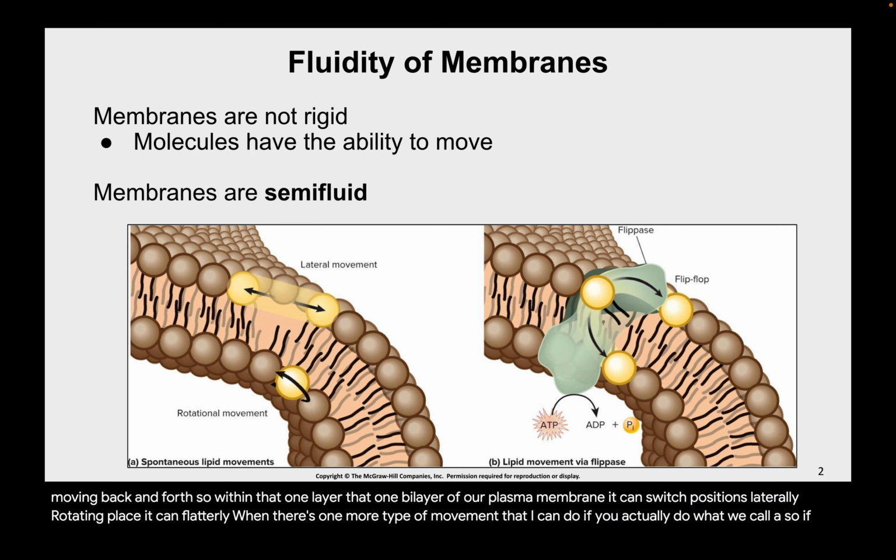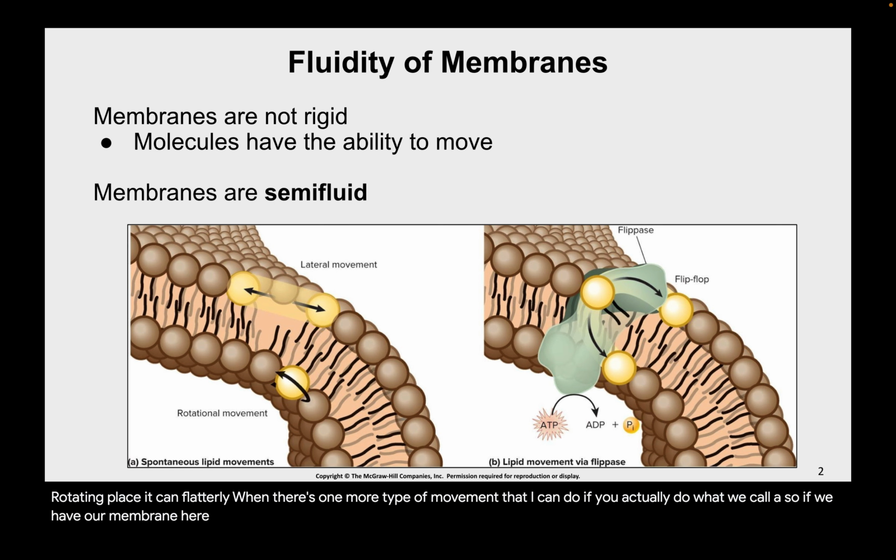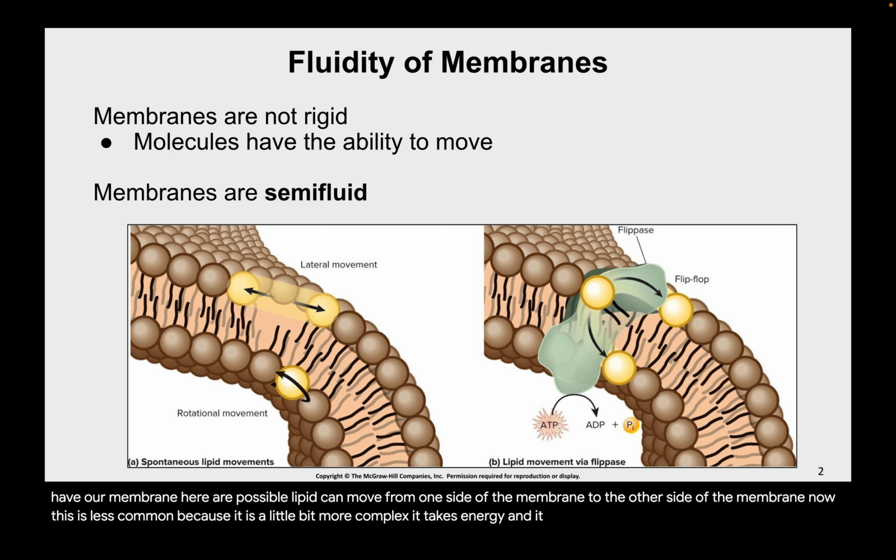So if we have our membrane here, our phospholipid can move from one side of the membrane to the other side of the membrane. Now this is less common because it is a little bit more complex. It takes energy and it needs an enzyme in order to mediate this movement.